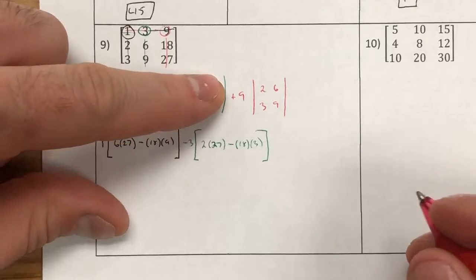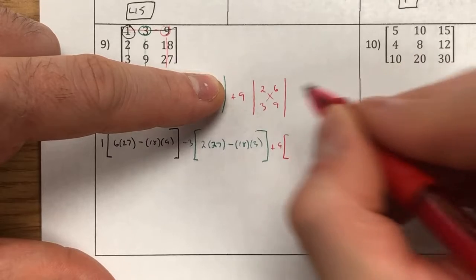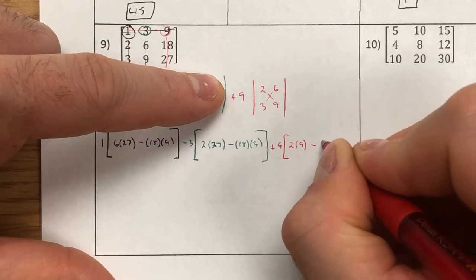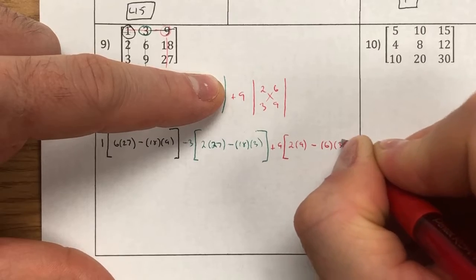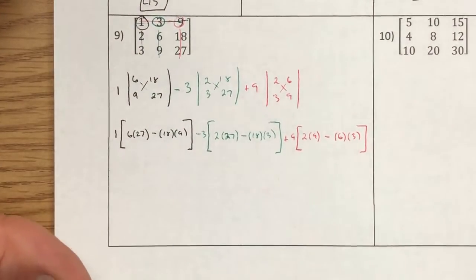And another determinant of the third one is going to be plus 9 times whatever 2 times 9 is, minus 6 times 3. Awesome.